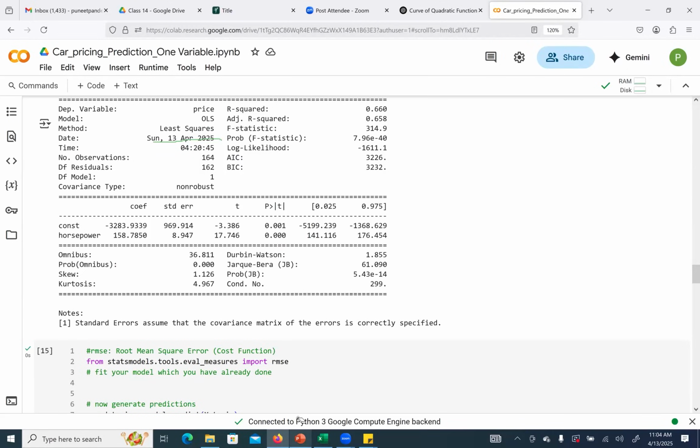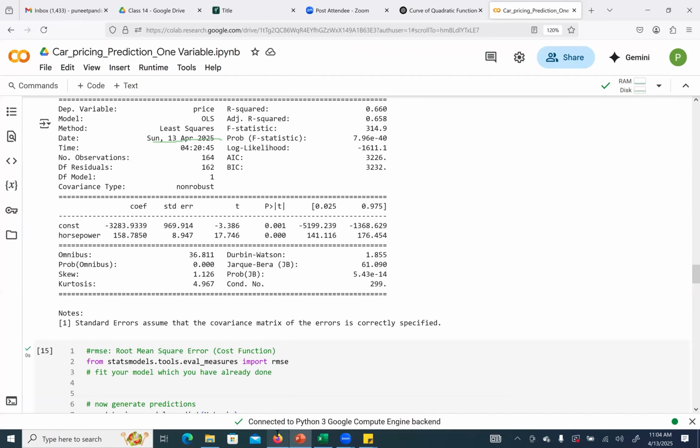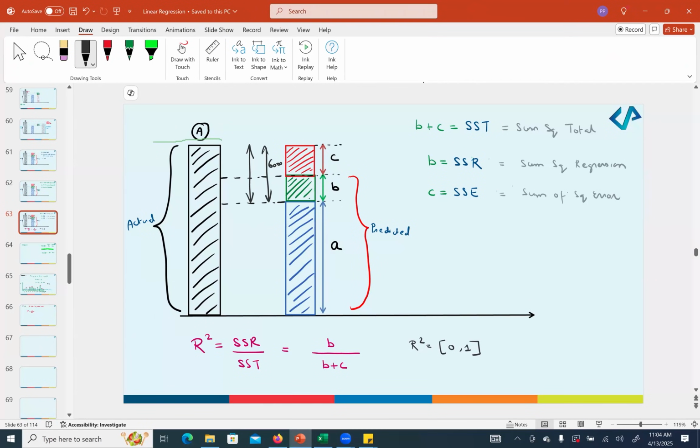So hypothetically, if this much was 6,000, I am being able to predict 66% of this 6,000. That is what my R square is.